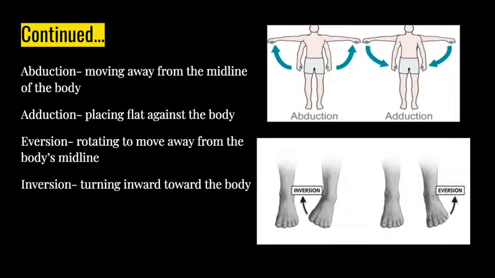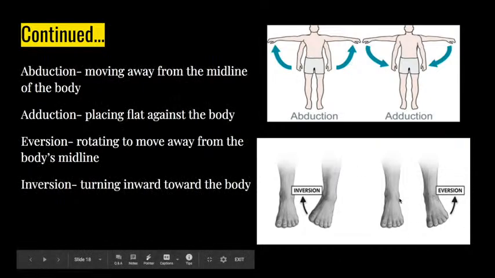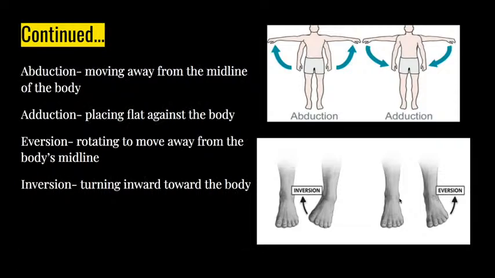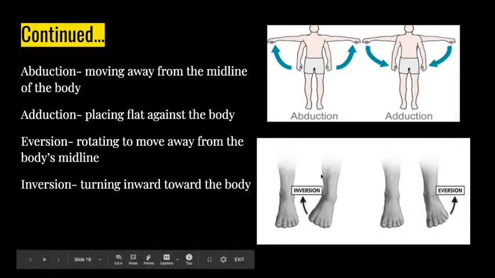Eversion is the movement that rotates the hand or foot so that the thumb or great toe moves away from the body's midline. So right here. And the antagonistic movement is inversion, which turns the hand or the foot inwards towards the body and towards the midline.